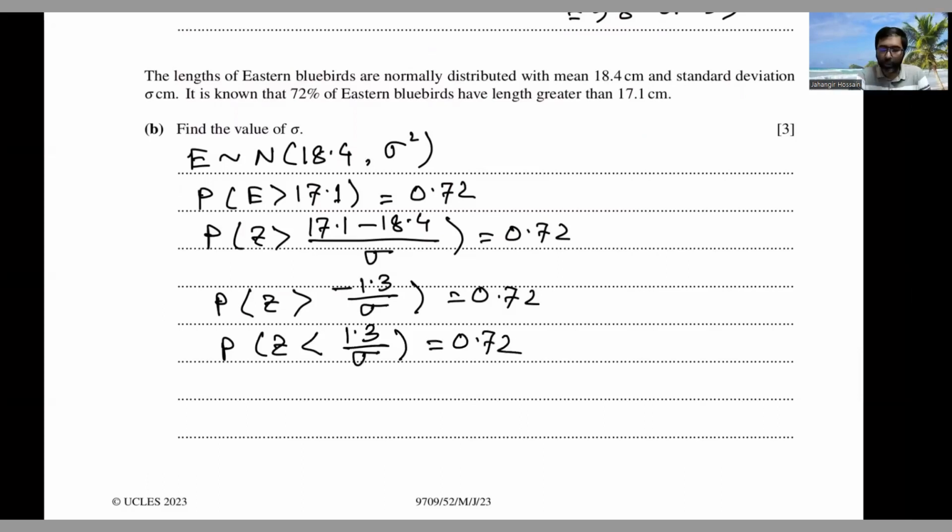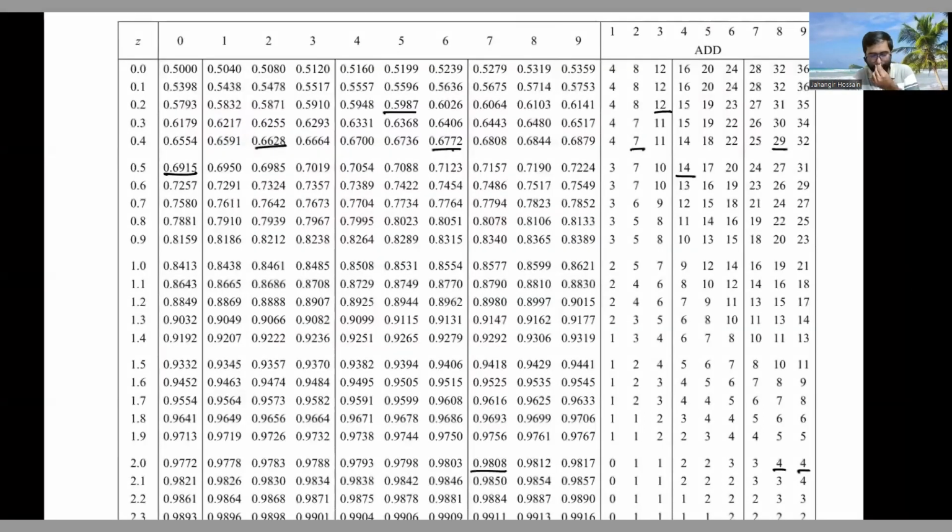Now from the table, let's find for which value of Z the probability is 0.72. We have 0.7190 as the probability here. We need to find the Z.